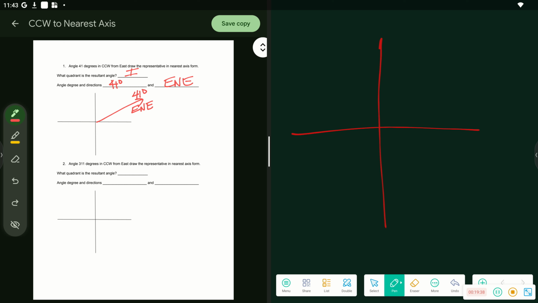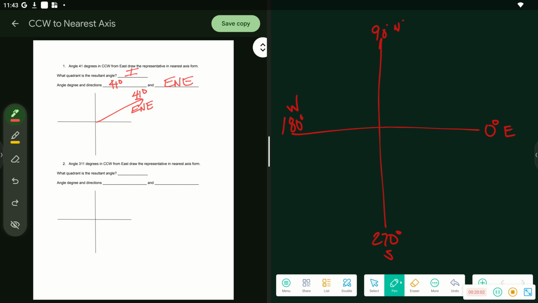All right. So first things first, make your labels. 0 east, 90 north, 180 west, 270 south. Okay. So the angle measurement is 311.